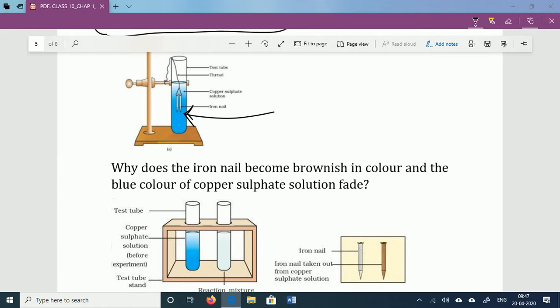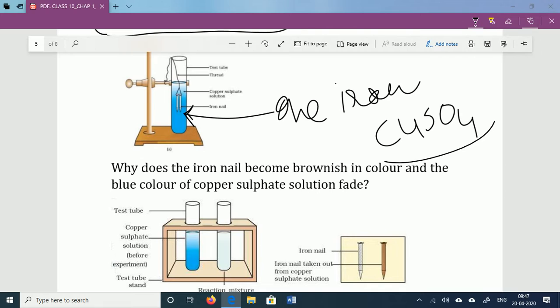Suppose we hang 1 iron nail in the copper sulfate solution, CuSO4 solution. The color of the copper sulfate solution is blue. So I will hang 1 iron nail in copper sulfate solution and 1 iron nail aside, placed as such.